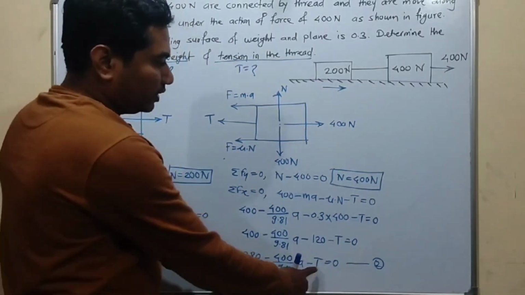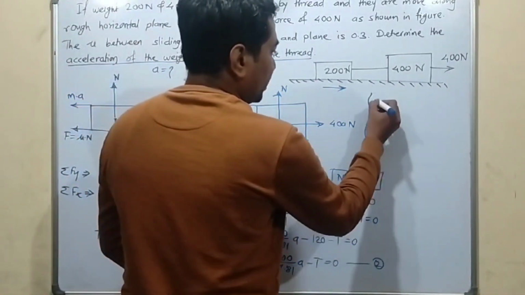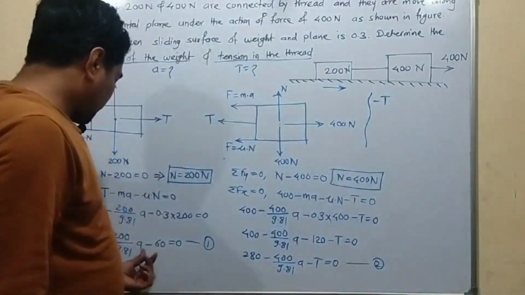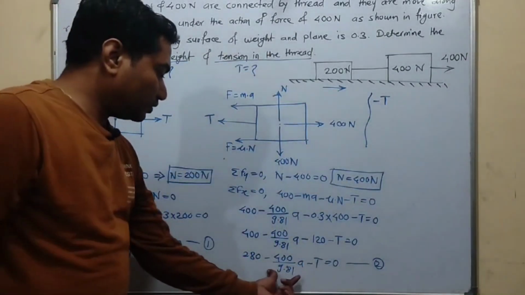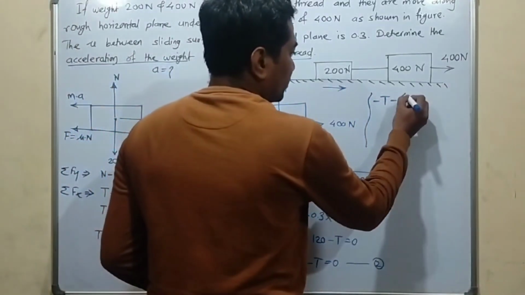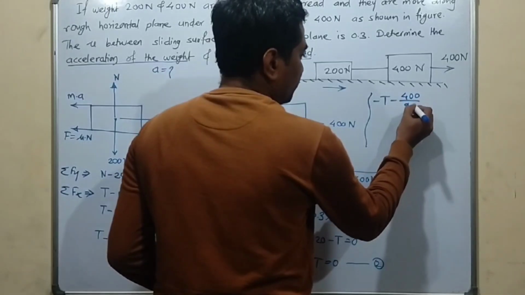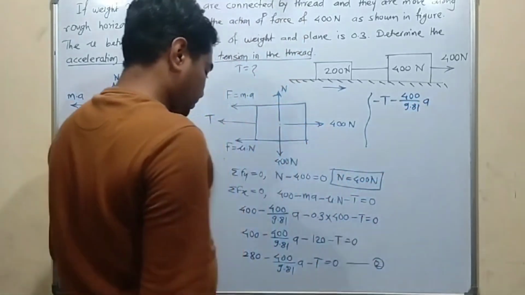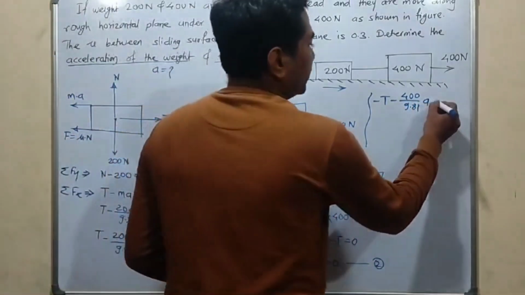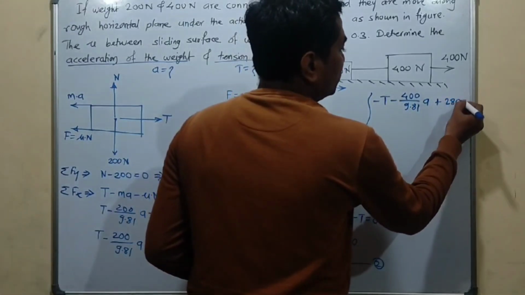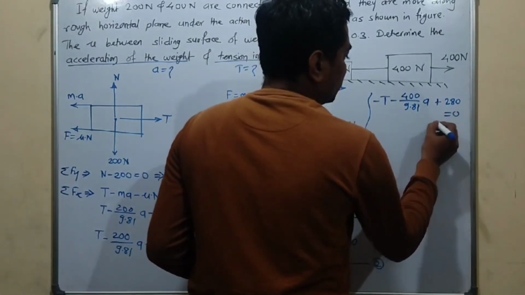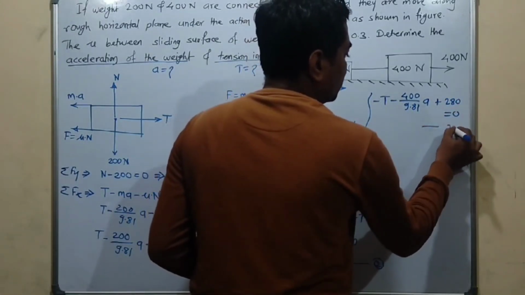So first we have to take T unknown, so minus T, then second unknown is A, so minus 400 divided by 9.81 A, and this plus 280 is equal to 0. So this is equation number 2.